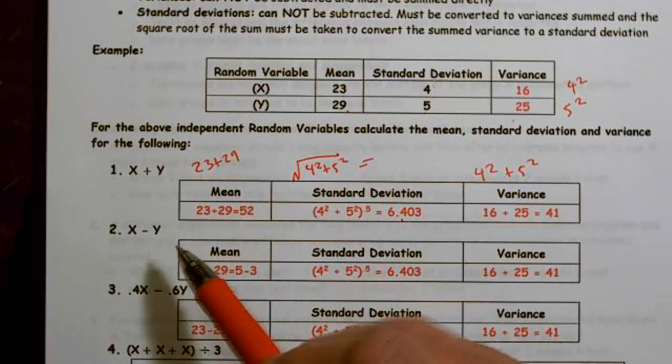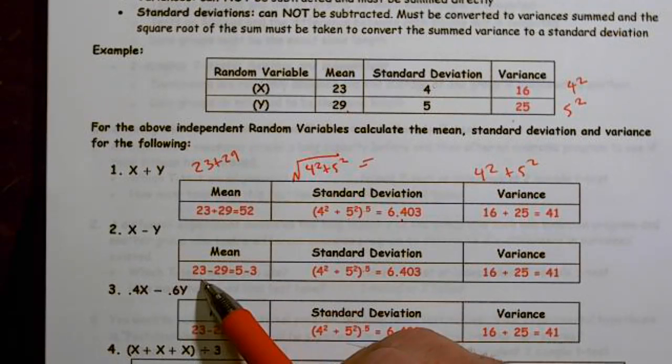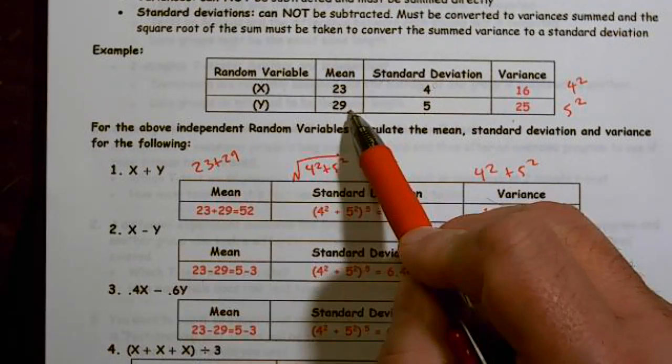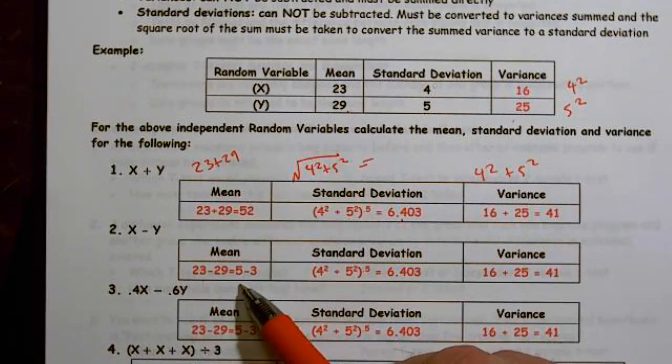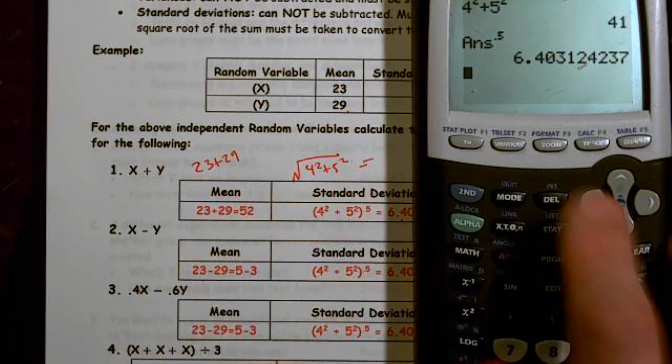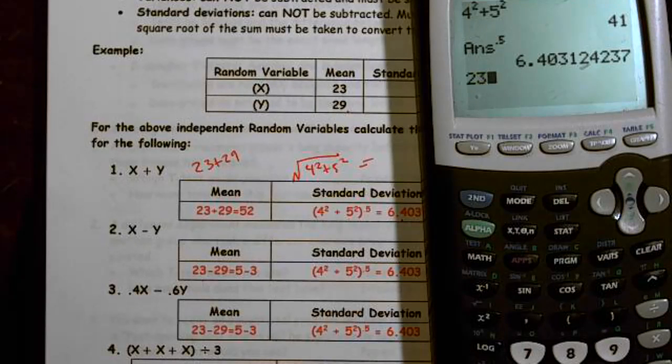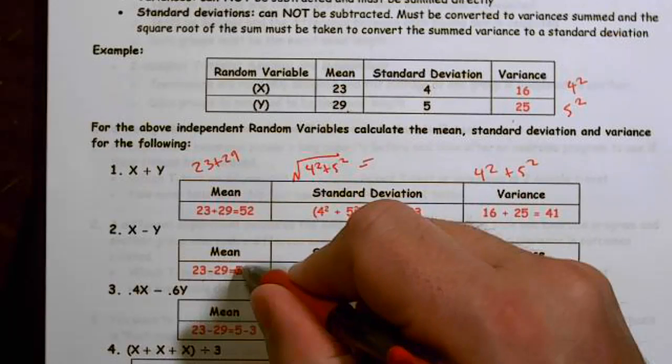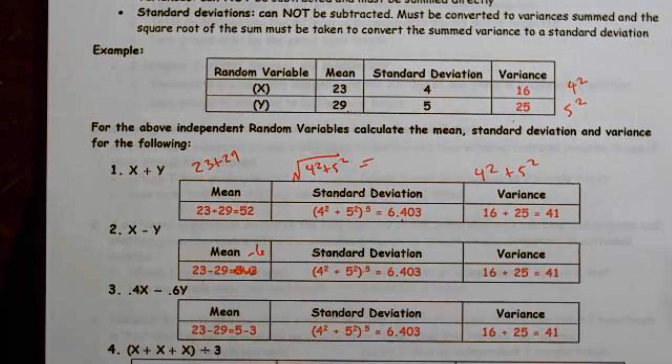With the means, I subtracted directly, 23 minus 29. Let me try that out. 23 minus 29 equals -6. However, guess what?